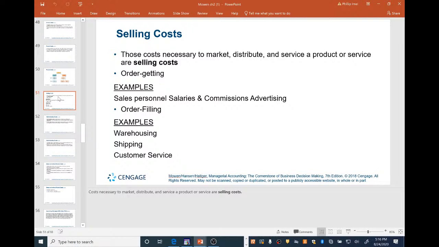So let's talk about selling costs. Those costs necessary to market, distribute, and service a product or service are selling costs. Obviously, we know that anything that goes into trying to sell something. So order getting, examples, sales personnel salaries and commissions, and advertising. So if we have a sales team, like a company I used to work for, we sold big, huge, heavy duty truck parts, right?